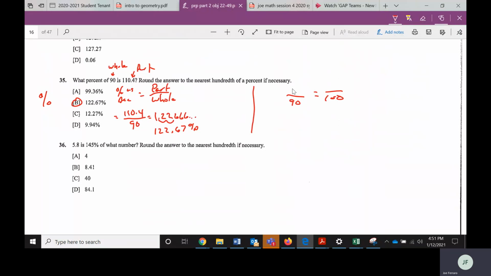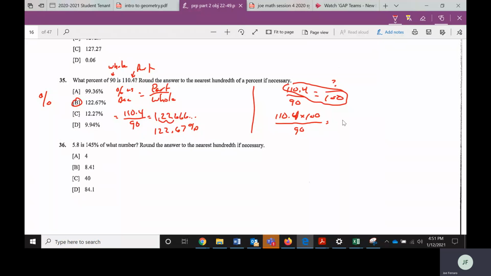The whole is 90 because it's after the word of. The part is 110.4. We're looking for the percent. So we take the diagonal of 2 numbers. So we take 110.4 times 100. Divide, oops, that's not really 4.